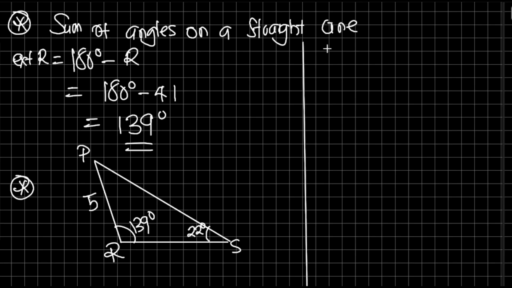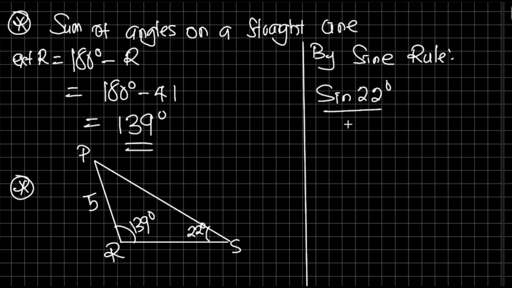Using the sine rule, we have sine 22 all over 5 equal to sine 139 all over small letter r.